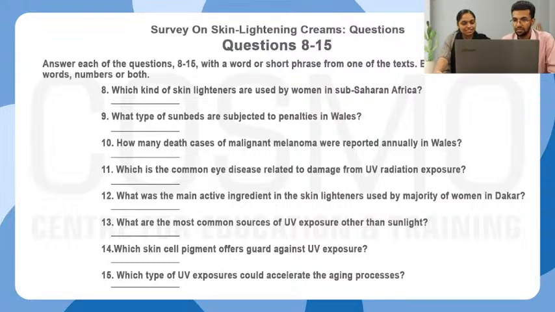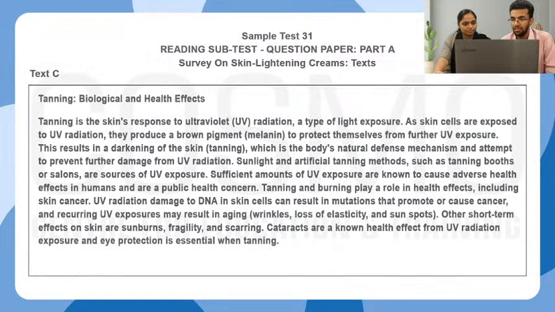It's found in text C. There's one more keyword there: accelerate. And type is also a keyword. Which type of UV exposure could accelerate the aging process? So the keywords are type, accelerate, and aging process. Okay, it's text C, so let's go to text C.